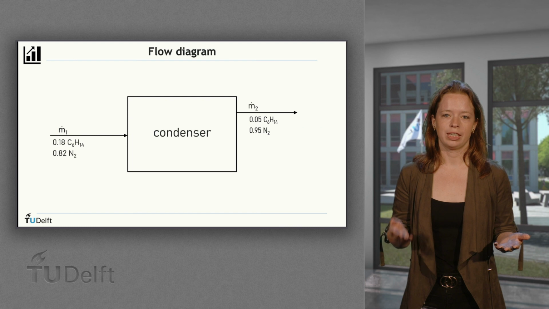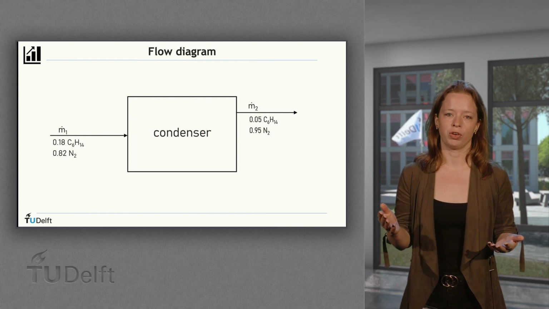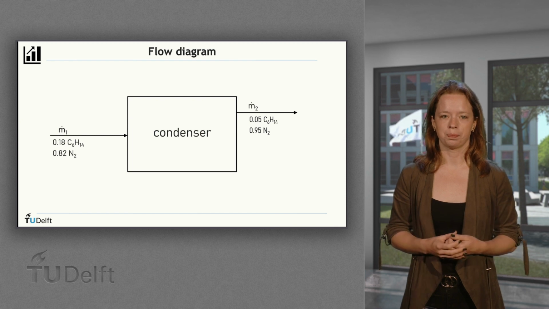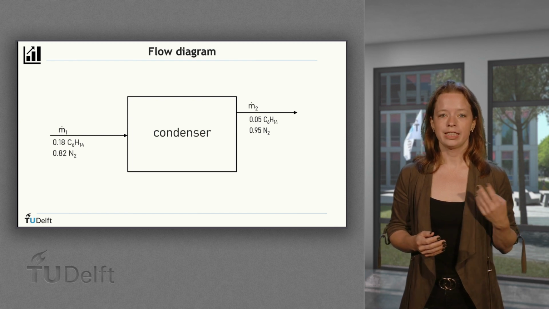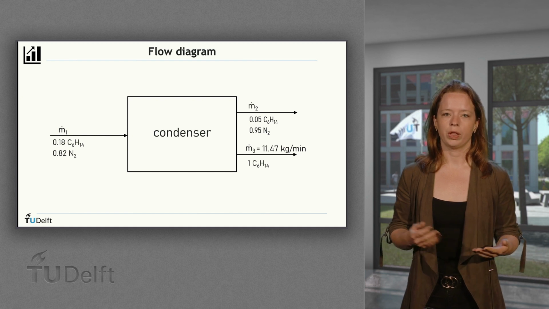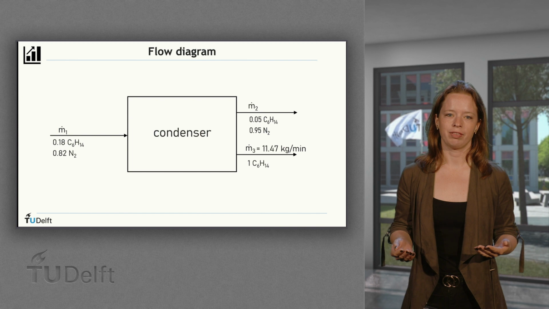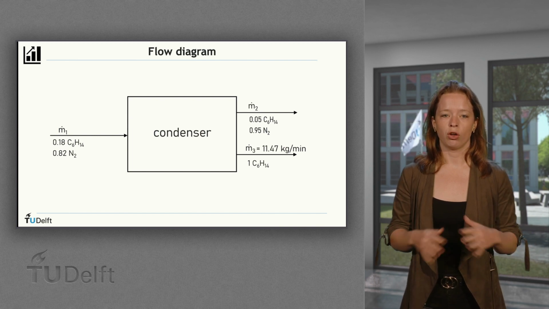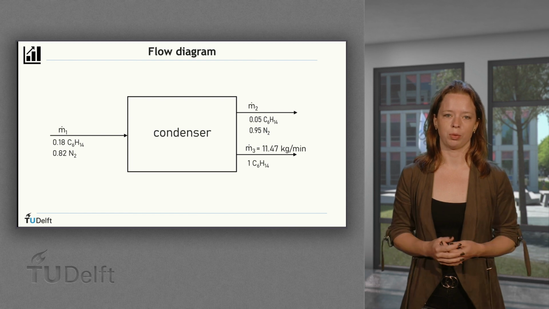And that means, of course, that this stream contains a nitrogen mass fraction of 1 minus 0.05, which is 0.95. The second stream exiting the condenser was a liquid flow, pure hexane with a mass flow rate of 11.47 kilograms per minute. And that gives us the flow diagram containing all of the information from the process description.